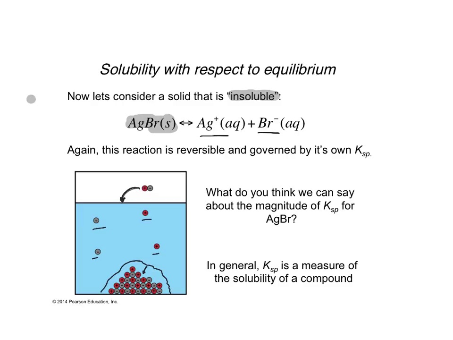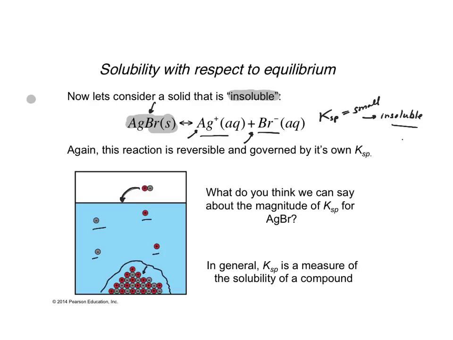So again, this is going to be our KSP, right? And so for things that are fairly insoluble, we're going to have very few products at equilibrium, right? The majority is going to stay like this. So very few products at equilibrium are going to give us very small KSP values, right? So small KSP is what we're going to see for what we have termed insoluble salts, okay?